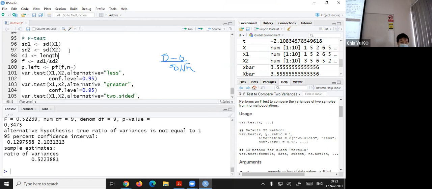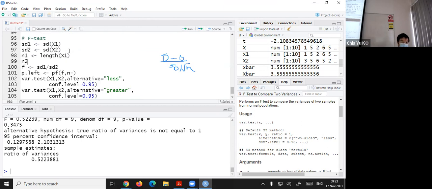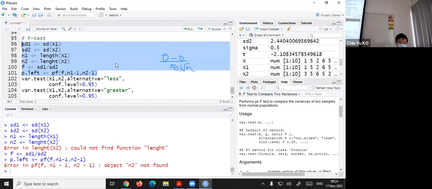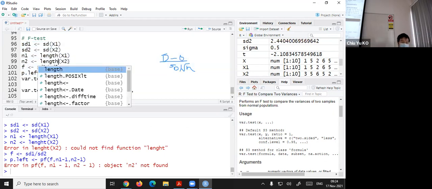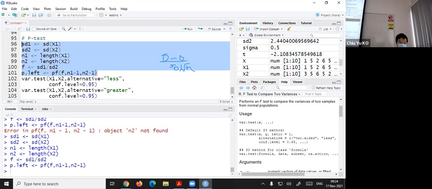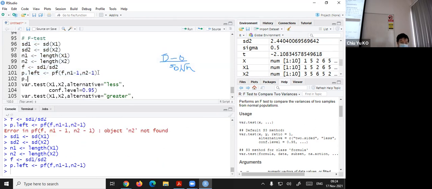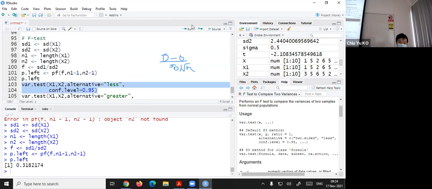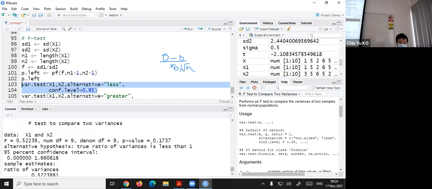N1 is the length of x1, N2 will be the length of x2. Then N1 minus 1 and N2 minus 1. And you look at the number here, which will be the same as the p-value.